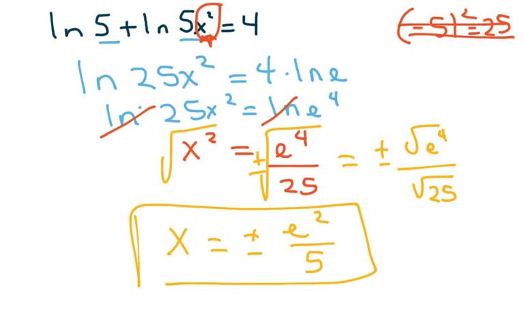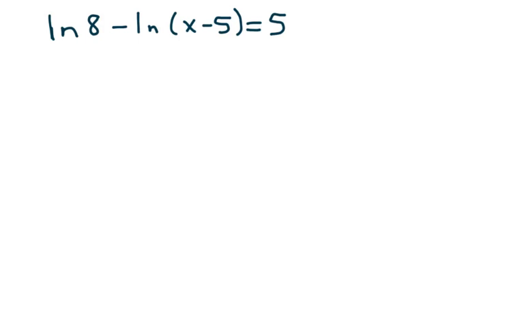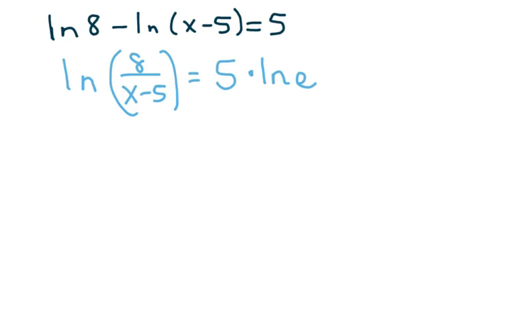Okay? The next one's a little different. I'm going to condense the left side. At the same time, I'm going to multiply my 5. There's a formula for this. I just find it easier. You don't have to remember the formula if you just know that ln of e equals 1. So we're not changing anything.